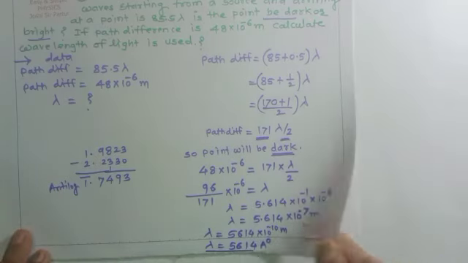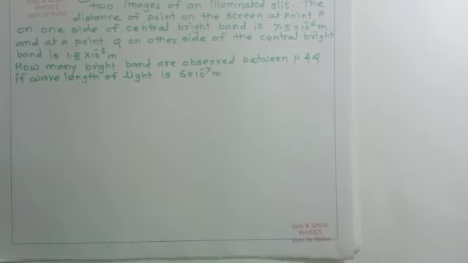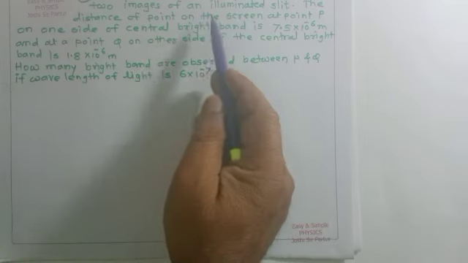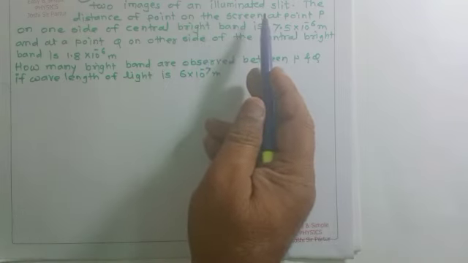So again, if we solve another question: a screen is placed at a distance and illuminated from two images of an illuminated slit.